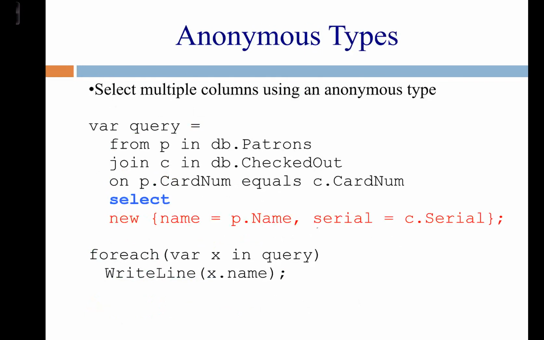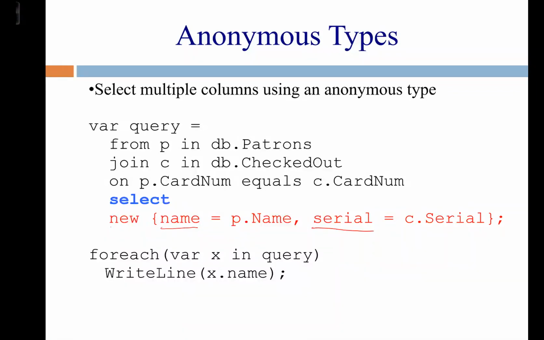And if we want to select multiple columns or multiple different types coming out of the database, we can use this C# feature called anonymous types, where we just create a new type on the fly with this new and then curly brace syntax. In this case, my anonymous type will contain a field called name and a field called serial.